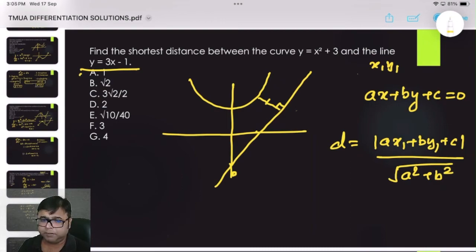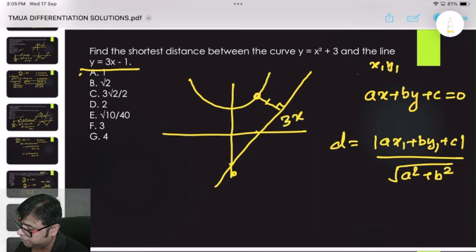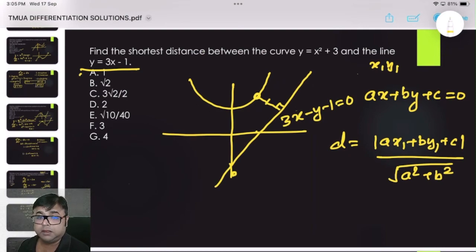Although there can be other processes through which I can find the distance, this saves a lot of time. So if you can remember this, it's good for you, right? Now, for that I need to know the point. I know the line. The equation I can write in this similar manner as 3x minus y minus 1 equal to 0, but I don't know the point. So until and unless I know the point, I cannot find that distance.